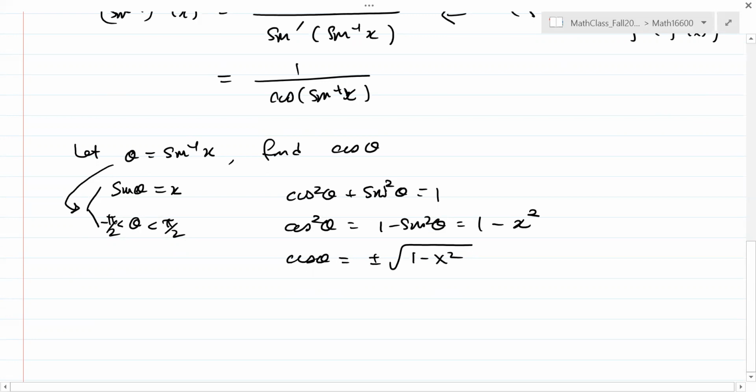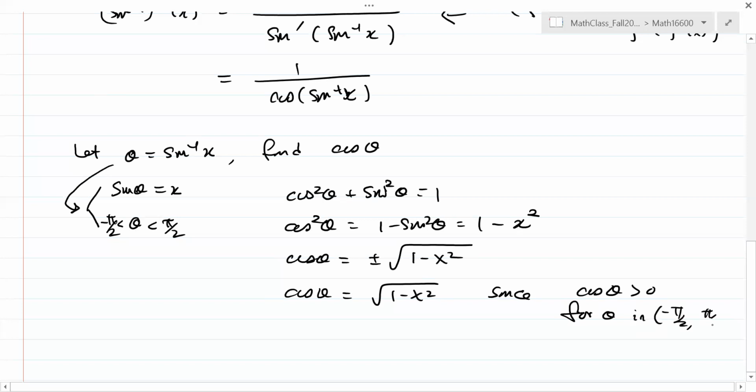So cosine theta must be positive, since cosine theta is positive for theta in the interval between negative pi over 2 and positive pi over 2. This is a review of trigonometric geometry.